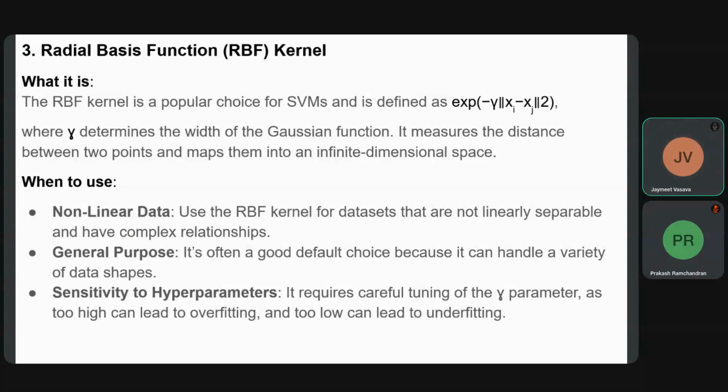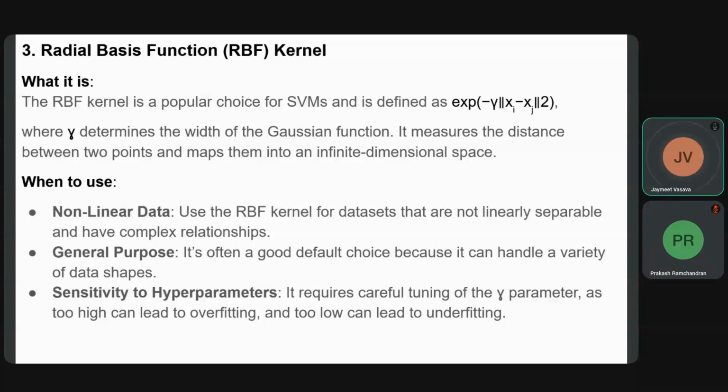Mathematically, it is defined as the exponential of minus gamma times the Euclidean distance between the two vectors, squared. In the expression, the 2 is actually the power used in calculating the Euclidean distance, and it's not a multiplication with 2. So we calculate the Euclidean distance between the two feature vectors.